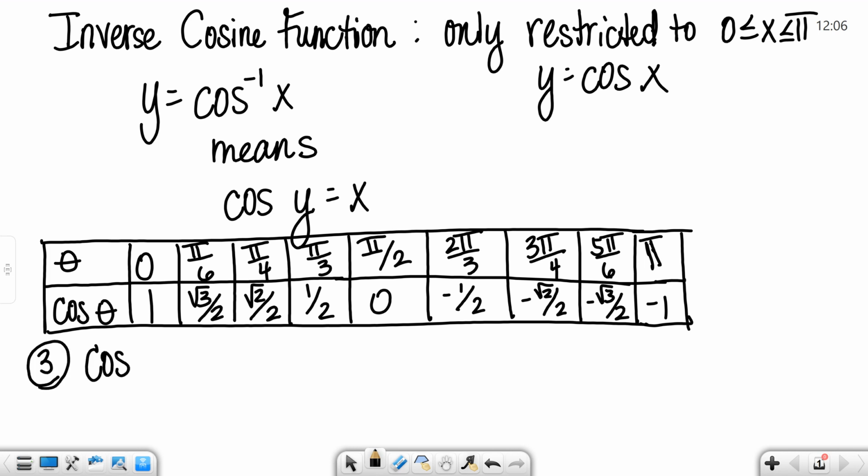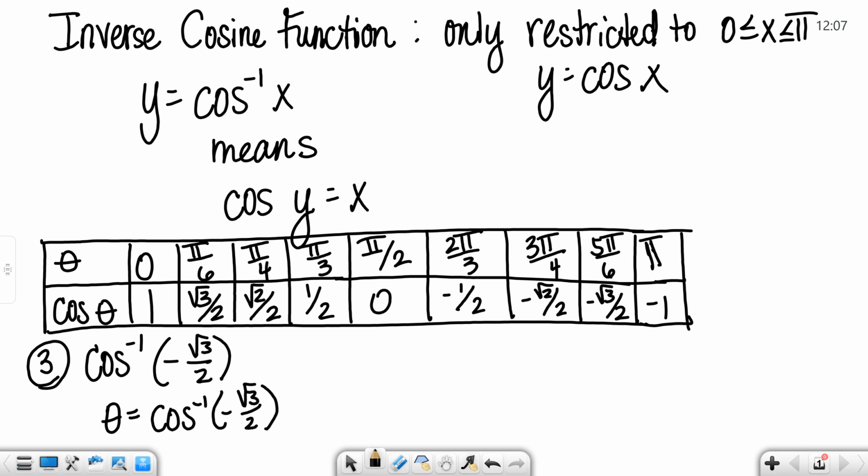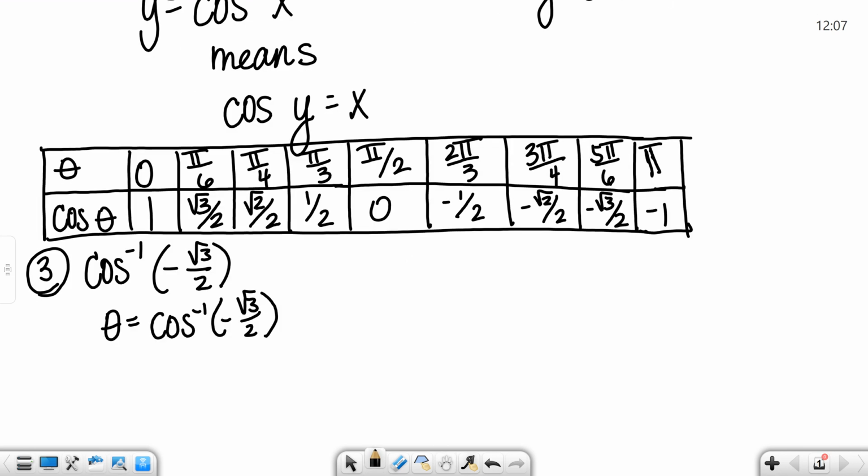All right, let's do the inverse cosine of the negative square root of 3 over 2. If we do what we were doing above, let's say theta is equal to that inverse cosine. So now let's say the cosine of theta is negative square root of 3 over 2.